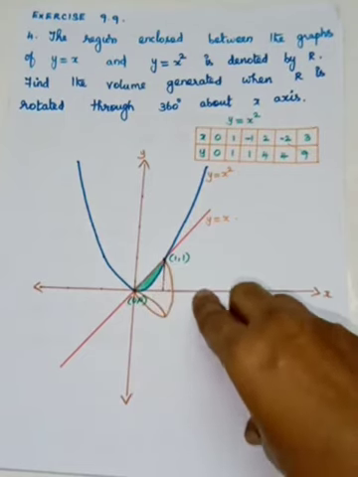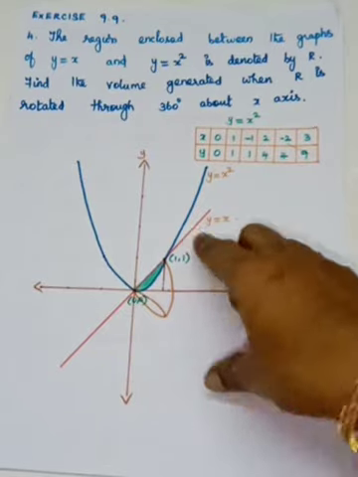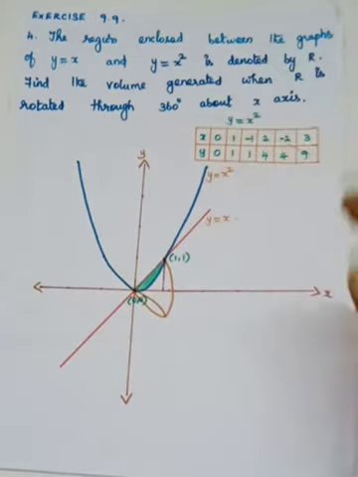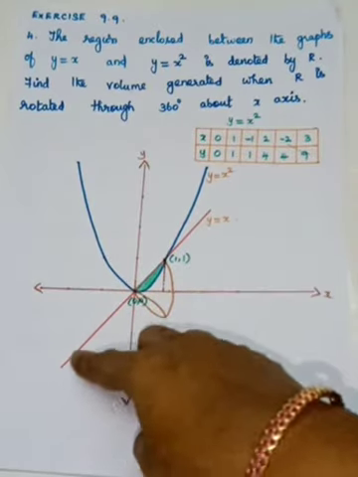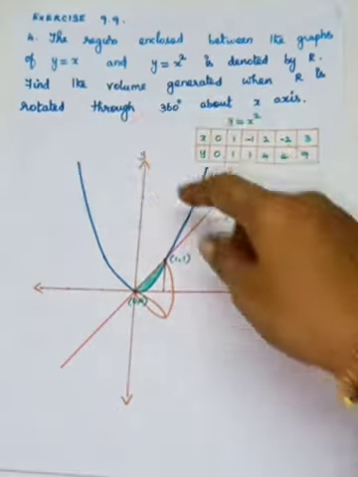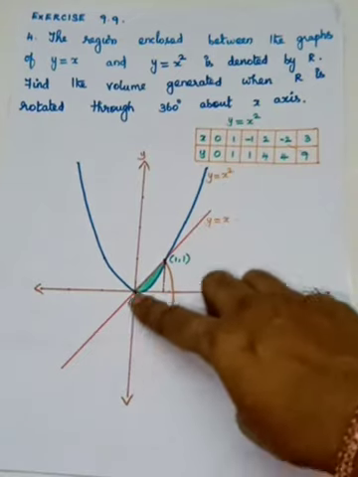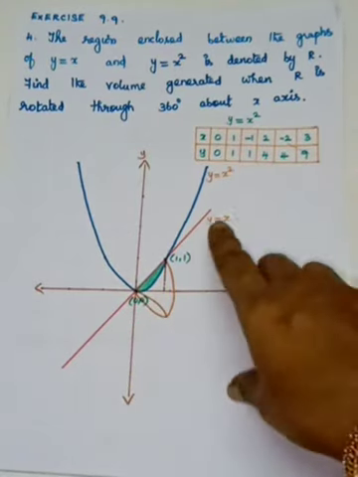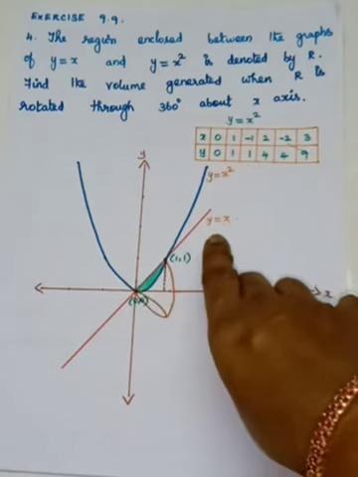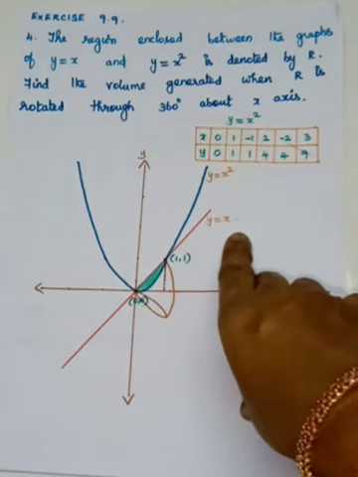X equal to 2 means y is also 2. X equal to 3 means y is also 3. So this red color line is the identity function, the line y is equal to x, which passes through the origin.